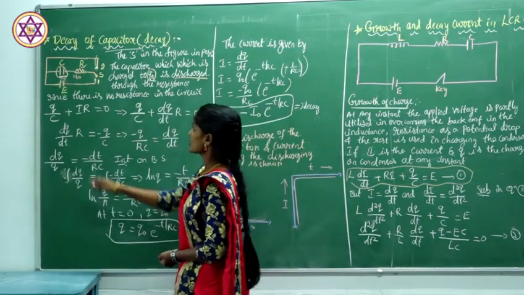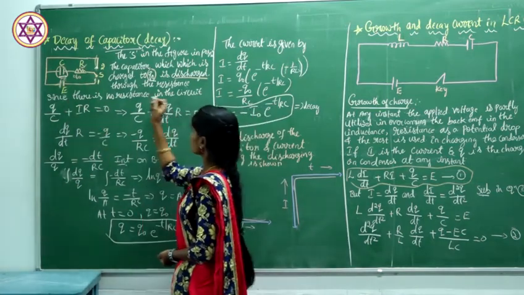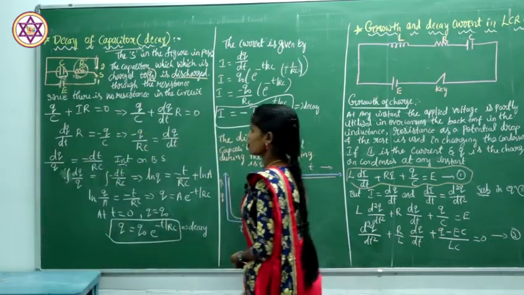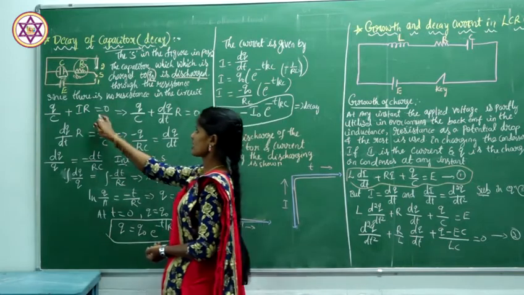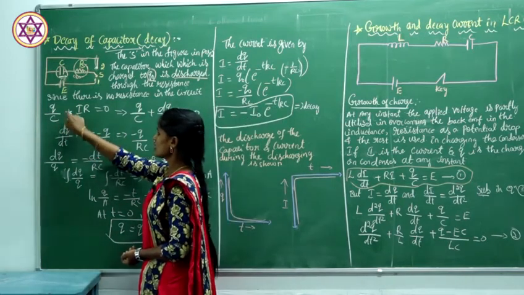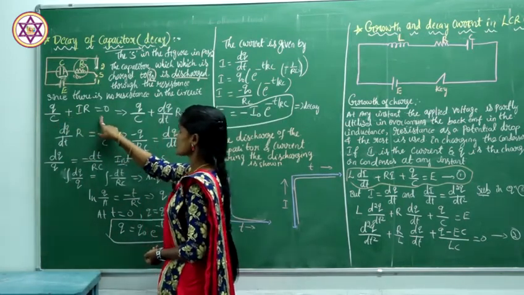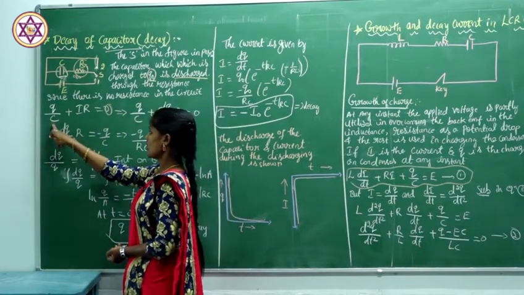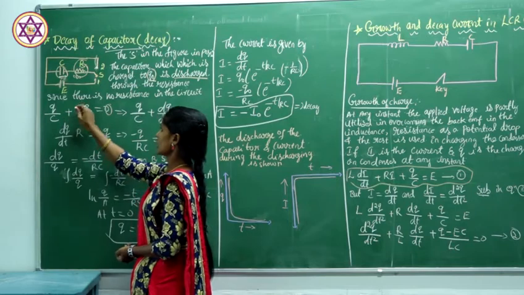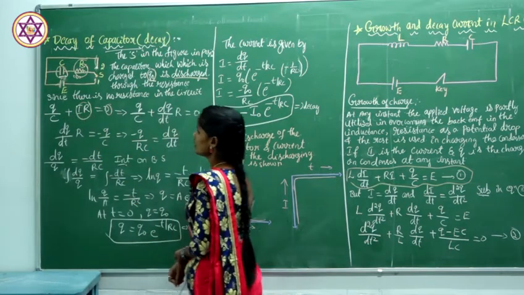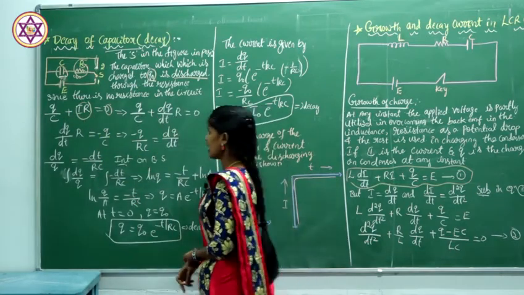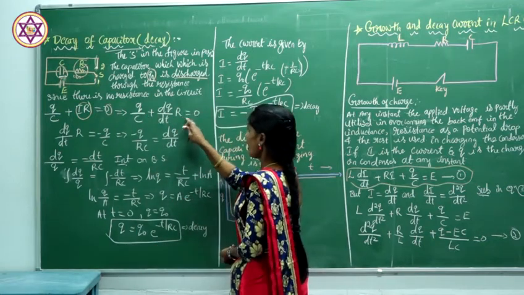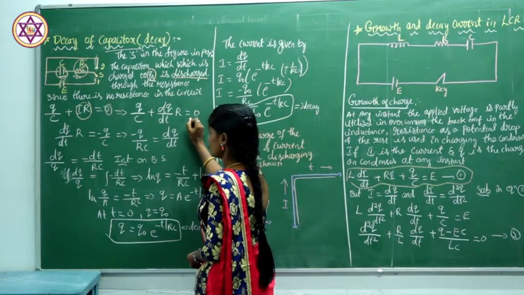Since there is no battery in the circuit, let us consider the equation Q by C plus IR which is equal to 0. Here Q is charge, C is capacitance, and IR is the voltage, with current and resistance, V is equal to IR. So, Q by C plus dQ by dt into R is equal to 0.